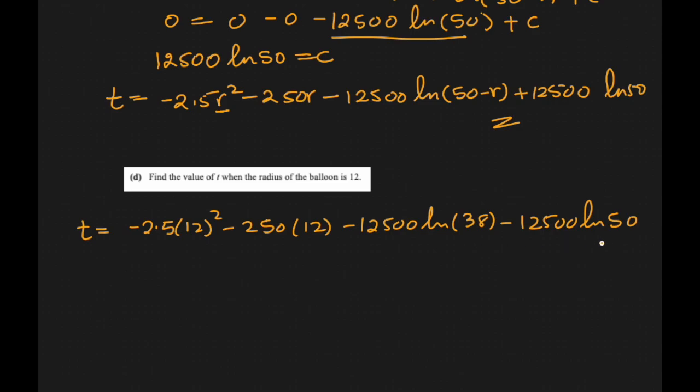I'll put this in my calculator and I will get the answer. This had to be positive, and the answer I'm getting is t equal to 70.460, so I can say 70.5 seconds. That is the answer.